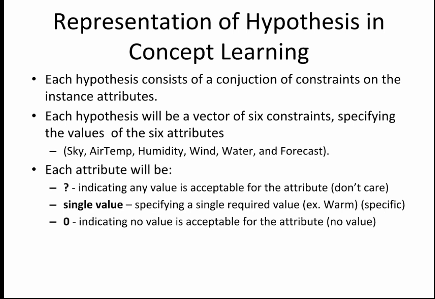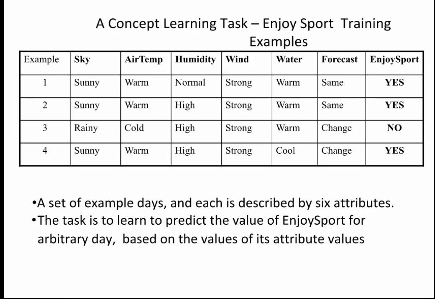Question mark generally refers to a don't care term, meaning that whatever the value of this particular attribute is, it will give us the same result as your target function. For example, I could say that if my sky is sunny, my humidity is high, and water is warm, I will enjoy my sport. But if you listen carefully, I have just given you the values of 3 attributes: sky, humidity and water.